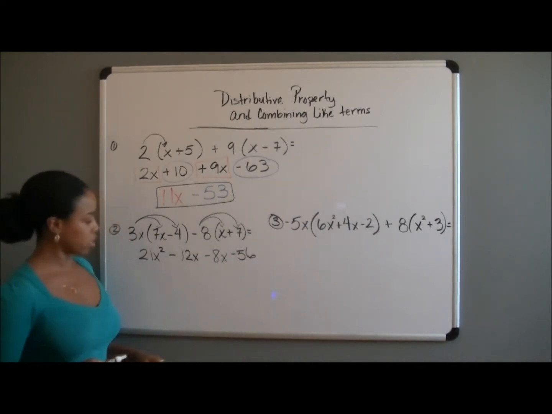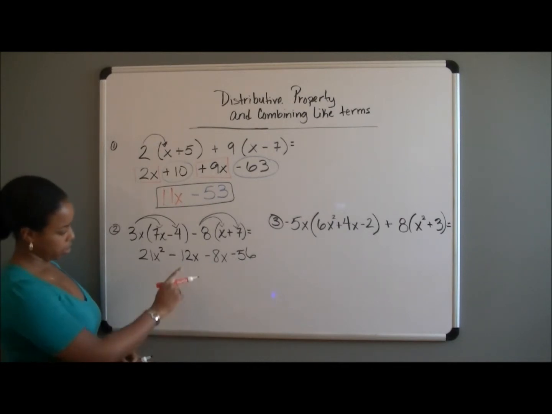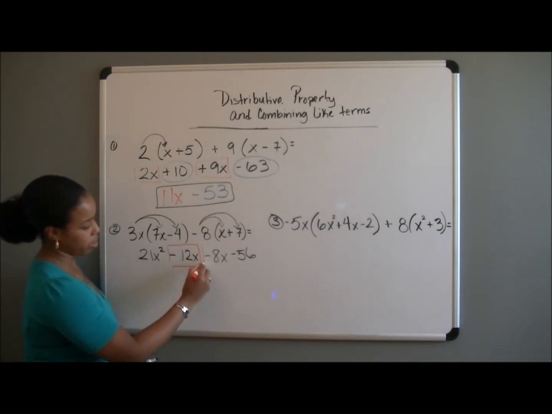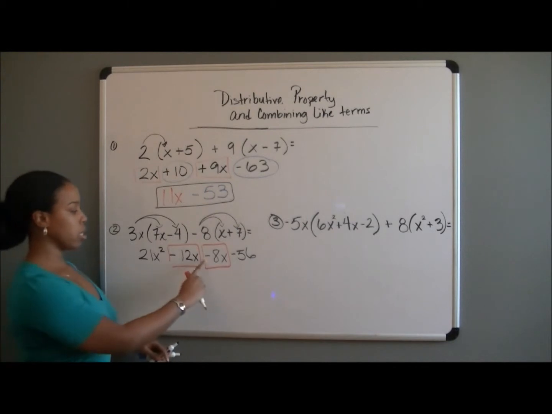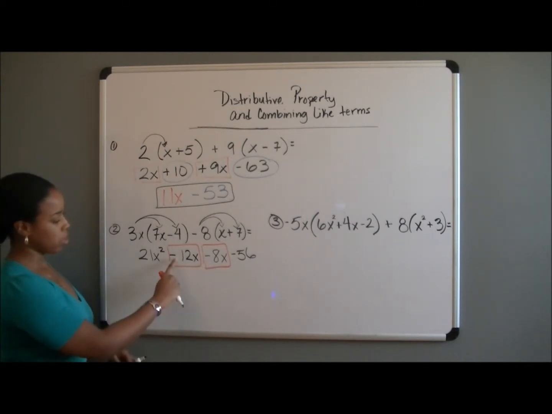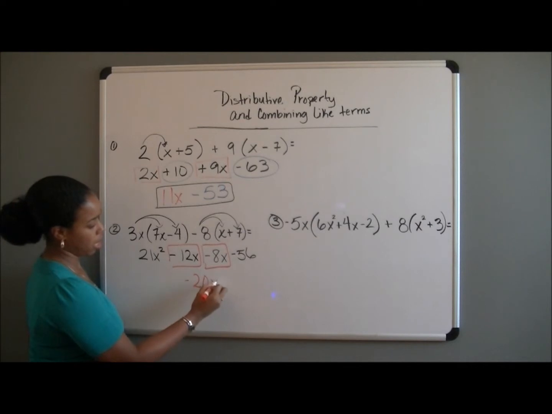Now let's look at this to see if there are any terms that we can combine. We have this negative 12x and the negative 8x. Don't forget to always take the sign that's in front of the expression. It's very important. So negative 12 and negative 8 gives us negative 20x.